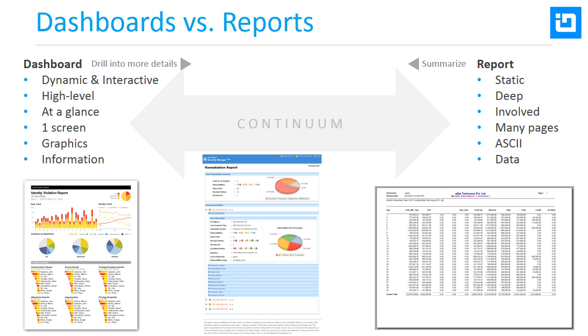We already said that there can be tables and alphanumerical information that are structured, no problem. But typically, if it's a dashboard, you would see visualizations on it. While the typical report actually just has ASCII in it, just like table after table after table. And so the nature is that a dashboard would show information, while a report shows data. And that means that this is not black and white, it's a continuum.